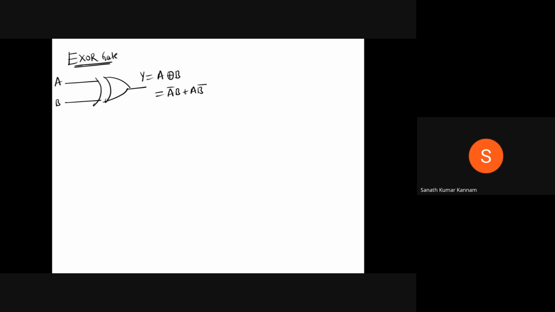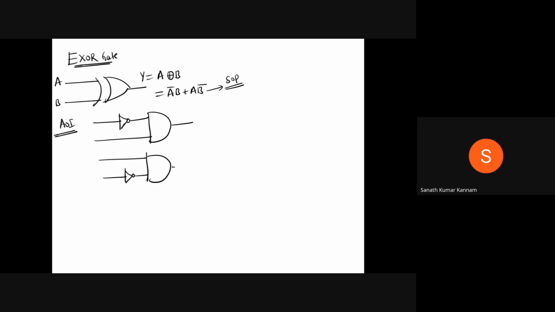So how to implement? This is nothing but my SOP, sum of products. First you implement with the AND logic and the OR logic. Here is an inverter, and directly I am giving it to an AND gate. Next this is A and this is another AND gate, and this output is given to the OR gate.